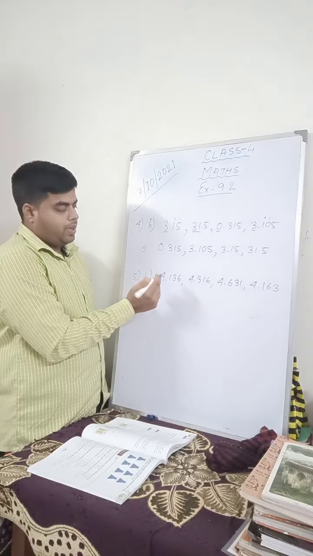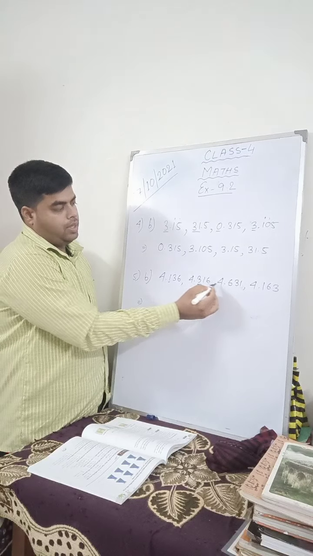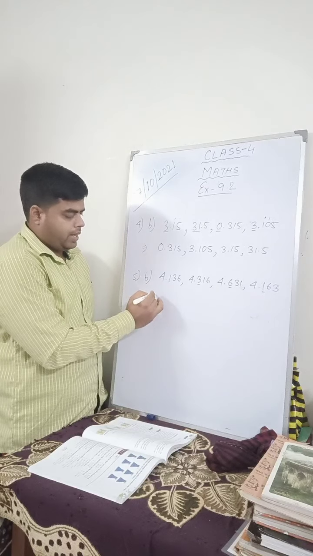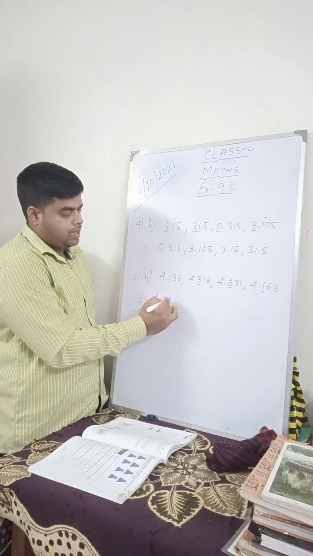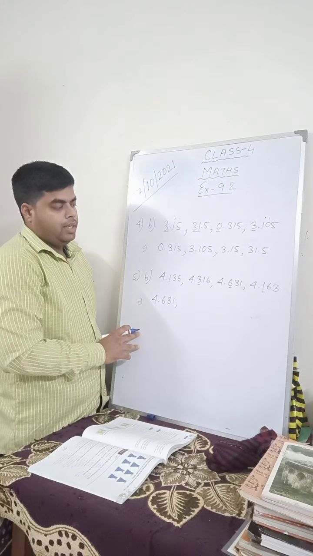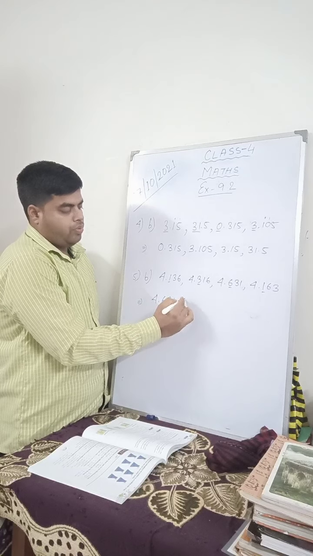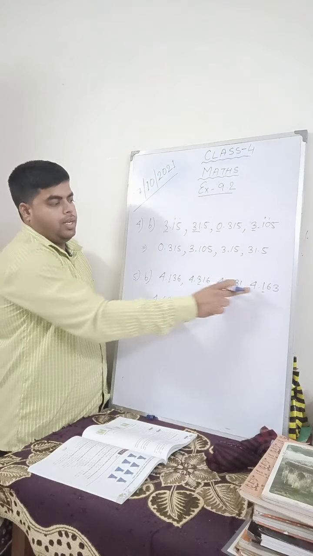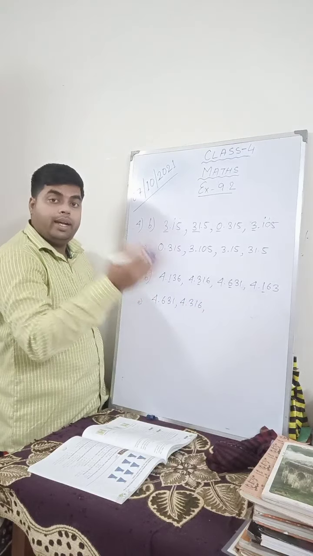So after the decimal you have here 1, 3, 6, 1. So which one is greater? Obviously 6. So you will write here 4.631. Then 3 is greater, so 4.316. Then here also 1, in this number also 1. Go for the next digit.